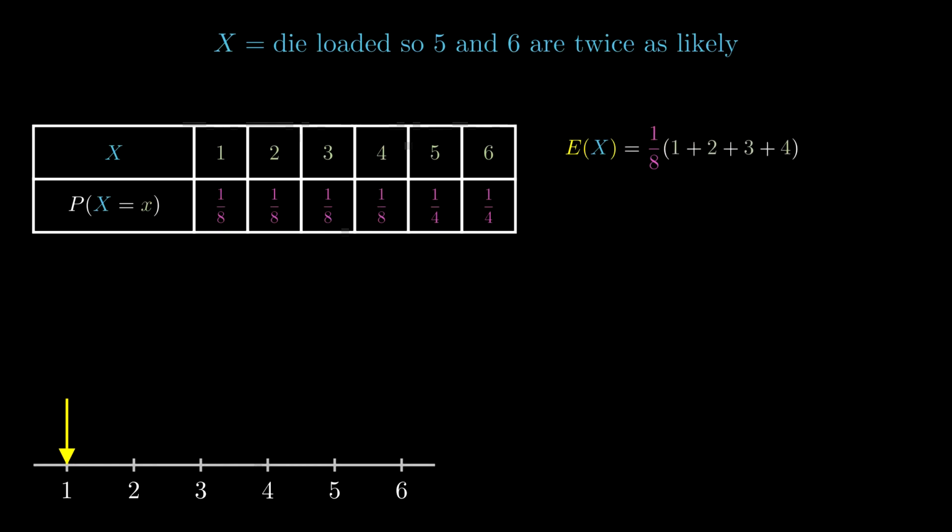Then 5 and 6 have probability 1/4, so we can put the 1/4 outside the brackets, then fill it in with the 5 plus 6. Turns out the answer here is just 4 when we do this, so the mean of this random variable is 4. So it makes sense to think about how spread out things are around the number 4.